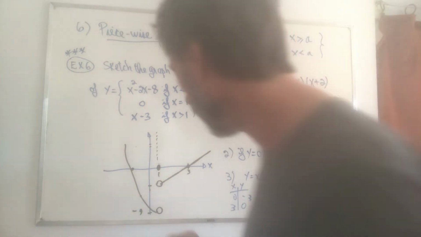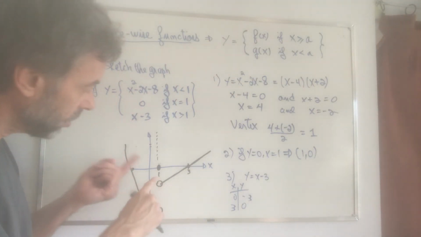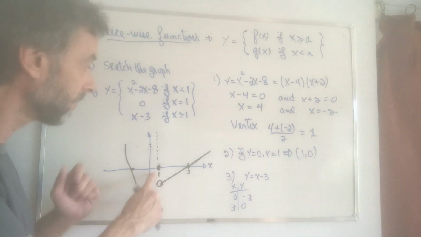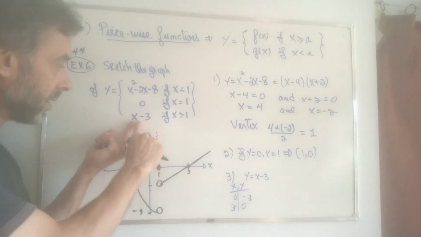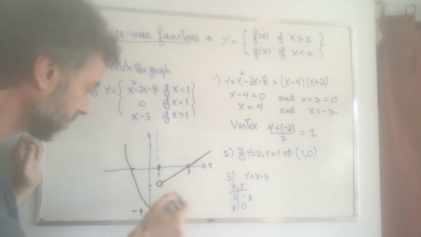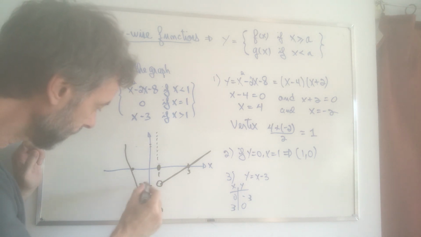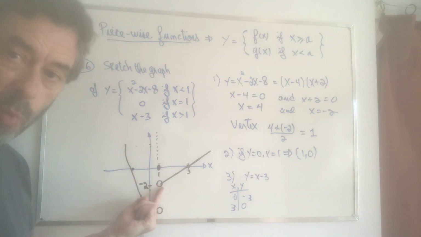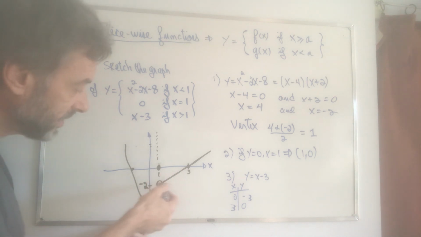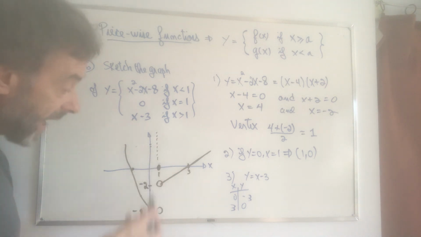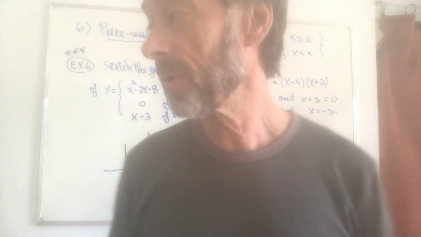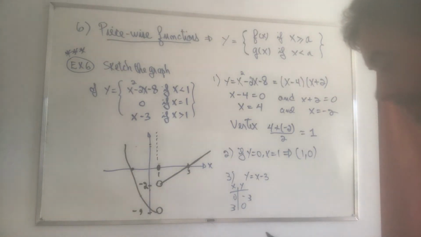For that, nothing is easier. I will replace x equals 1 inside my function here. So 1 minus 3 is minus 2. And that would actually be the y height of this open point. And that is actually the graph of this function.